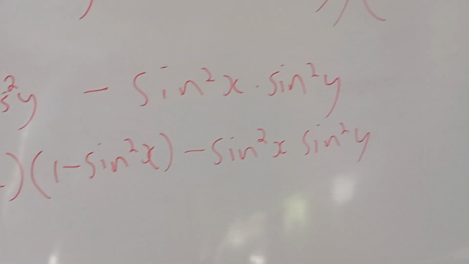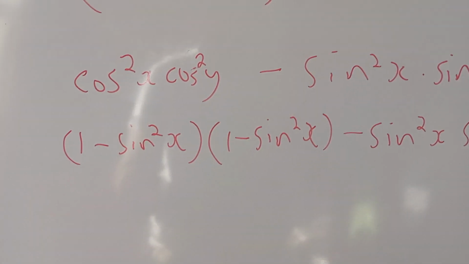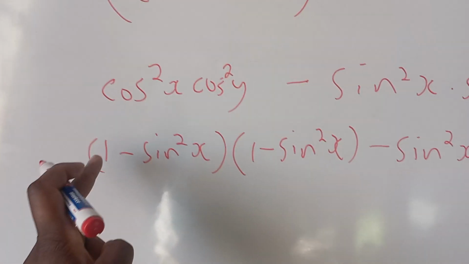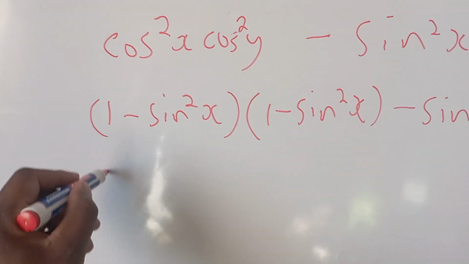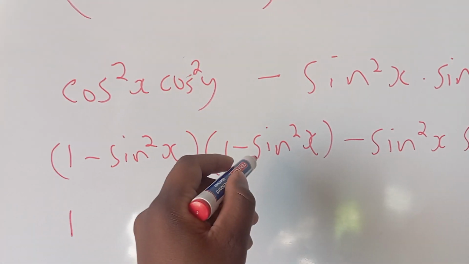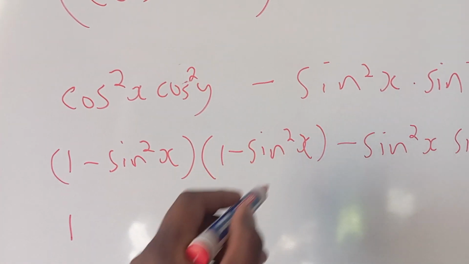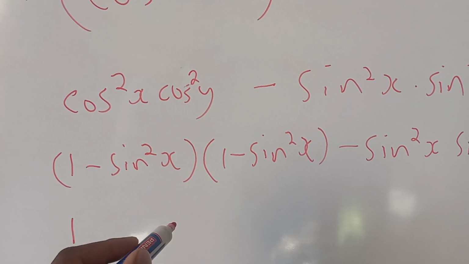Alright, when we have it like this, we can multiply the brackets. 1 times 1, we get 1. And then 1 times negative sine squared x, we get negative sine squared x.